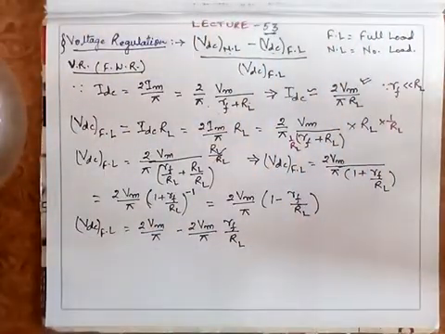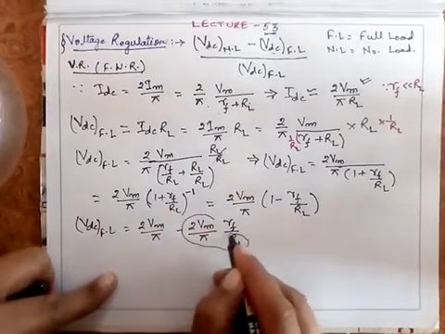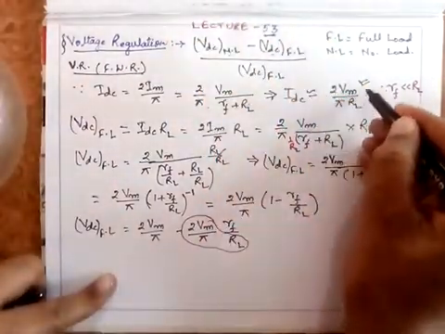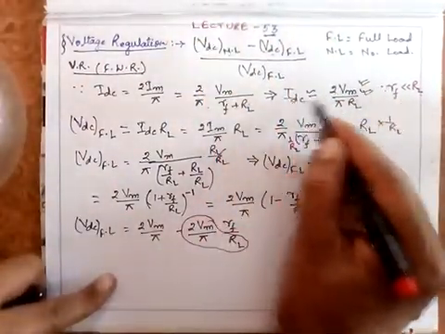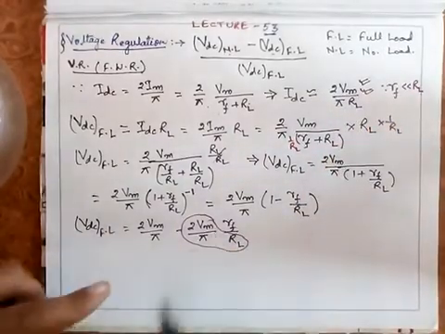Now look at this quantity, twice Vm by pi into RL. If you look at this quantity, twice Vm by pi into RL is this quantity here. It is IDC. IDC is twice Vm by pi into RL. So here I replace this by IDC.